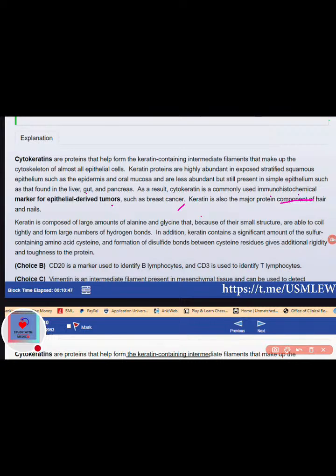Keratin is composed of large amounts of alanine and glycine.